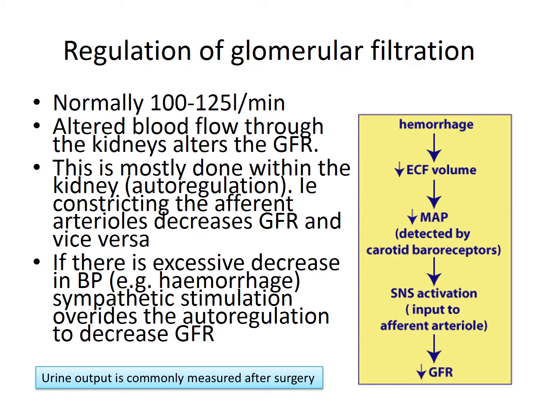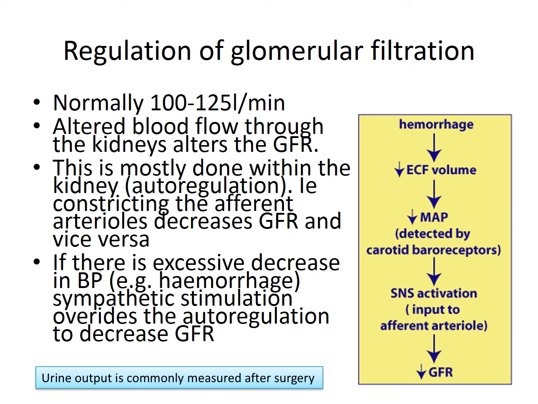So you remember the afferent arteriole leading into the glomerulus, and vice versa. We can constrict those blood vessels to reduce the blood supply to the kidney a little bit in order to regulate the flow through the kidney. That happens on a sort of minute-to-minute basis.